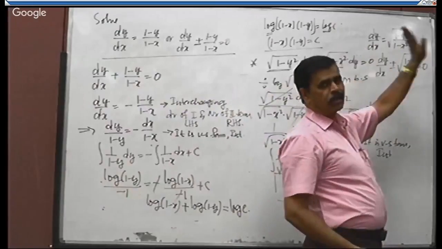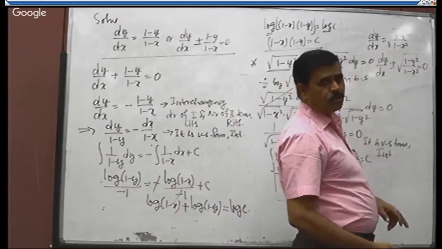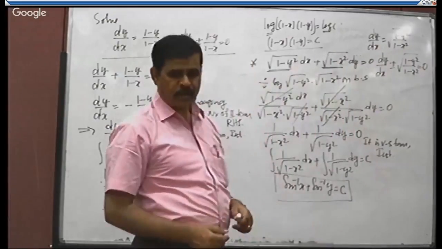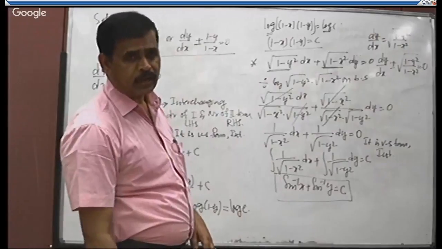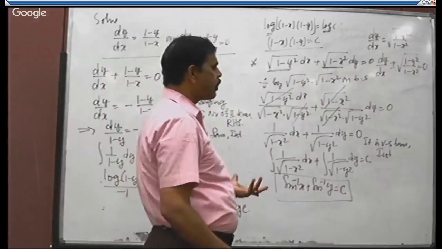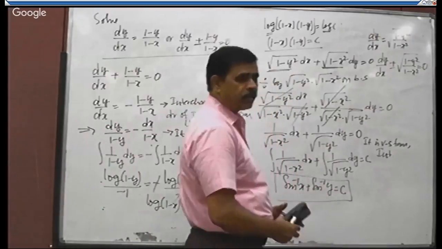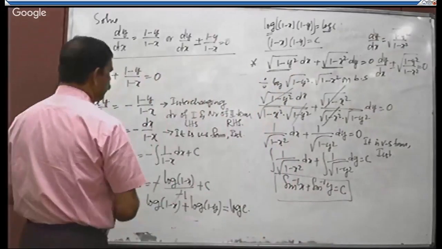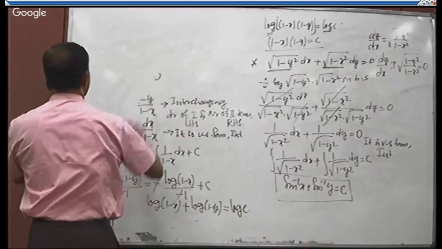Then just interchange the numerator of the second and the denominator of the first. It will reduce to variable separable form. If I integrate it, you will get the same answer: sin inverse x plus or minus sin inverse y is equal to constant, right?